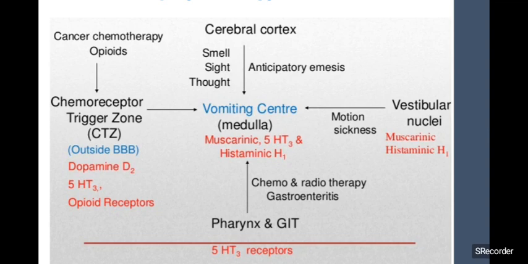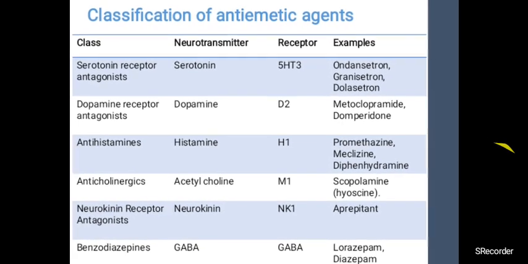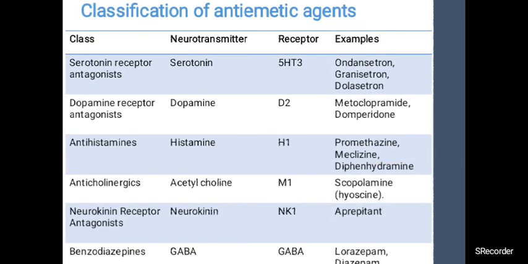In this slide, we shall be looking at the classification of emetic drugs. Here it is trying to show us the class, the neurotransmitter, the receptor, and the examples of the drugs. There are those we call the serotonin receptor antagonists, which act mainly via the 5-HT3 receptors. Here we have three: ondansetron, granisetron, and dolasetron.